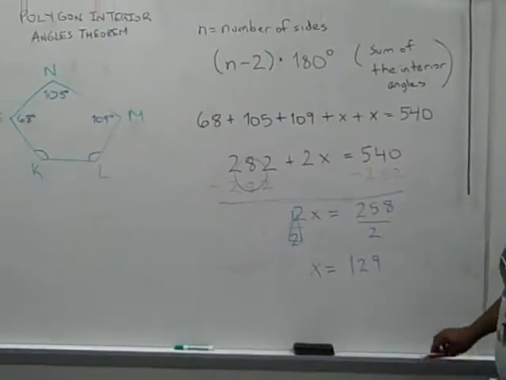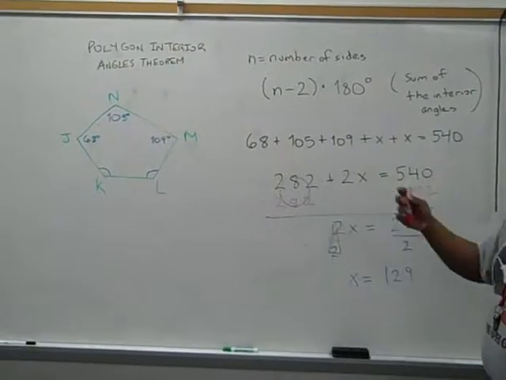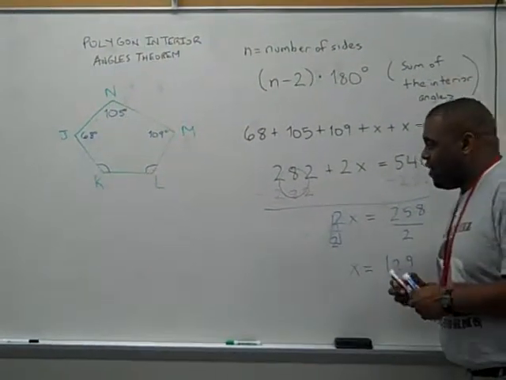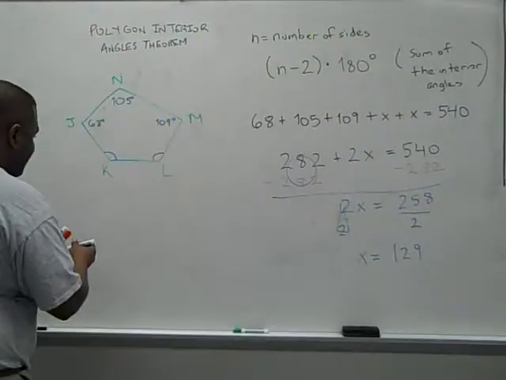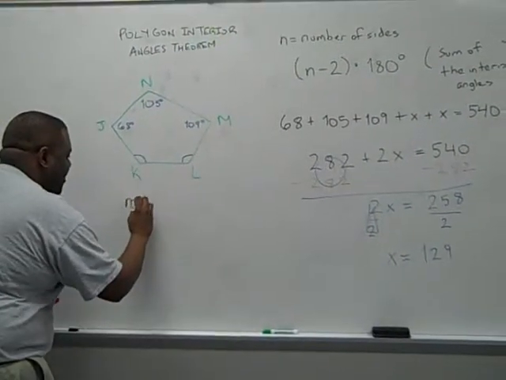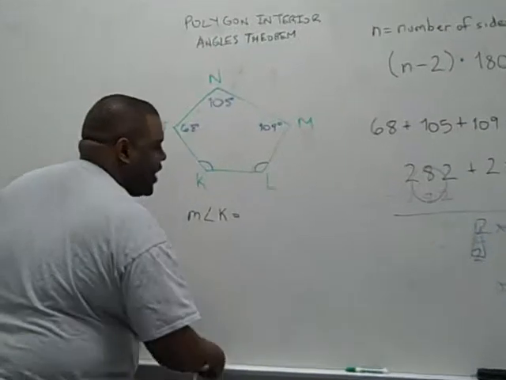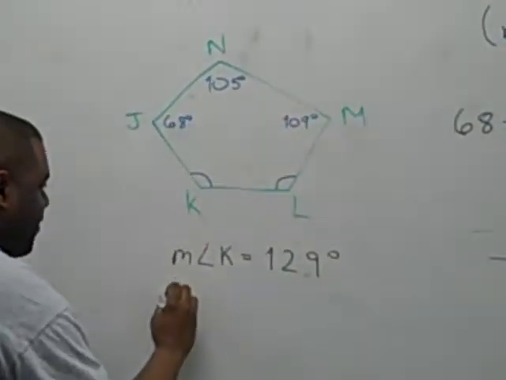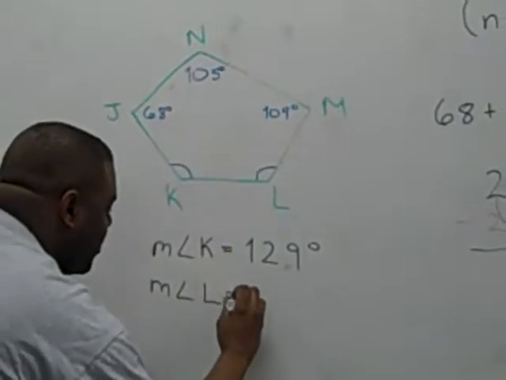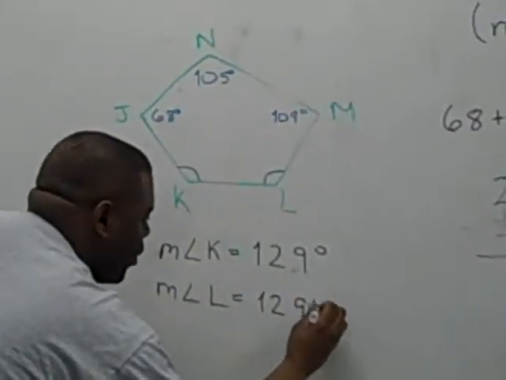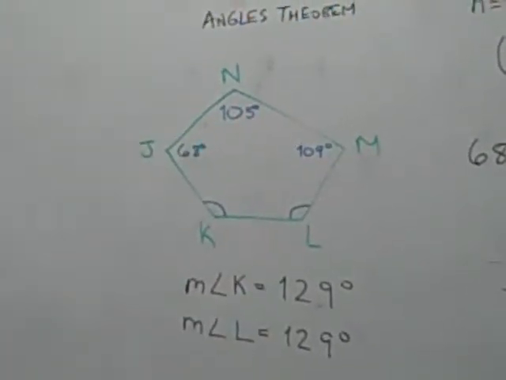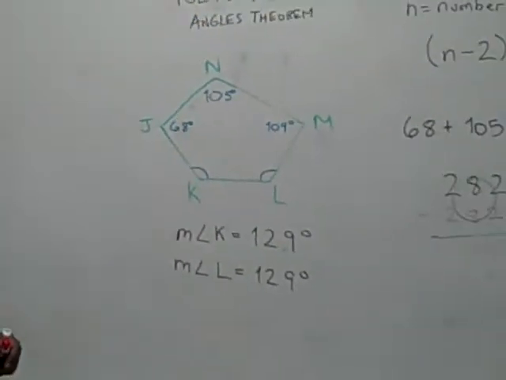So, if I wanted to answer the question, what does angle K and what does angle L equal to, then I would write it as follows. The measure of angle K equals 129 degrees, and the measure of angle L equals 129 degrees. So now we have found all the angles for this pentagon.